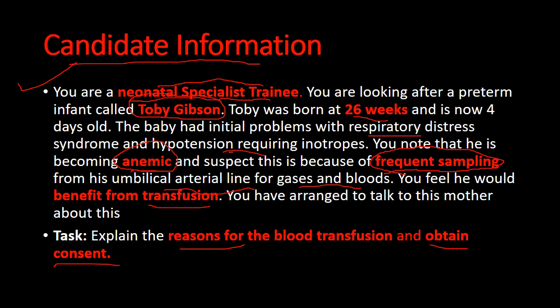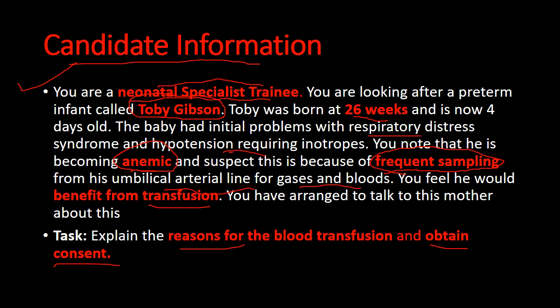Okay, so you can tell the role player that I'm here to take a consent from you, or you can say, at the end of our communication, I hope that you will give me a consent for blood transfusion. Initially, if you say this, it means you are on the safe side, even if you forget at the end or in the middle because of a lot of questions from the mother.